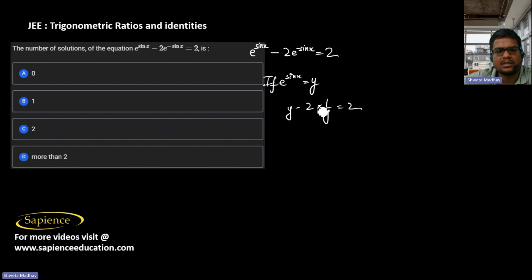If we multiply with y on both sides, then we will get y square minus 2 equal to 2y. Y square minus 2y minus 2 is equal to 0.